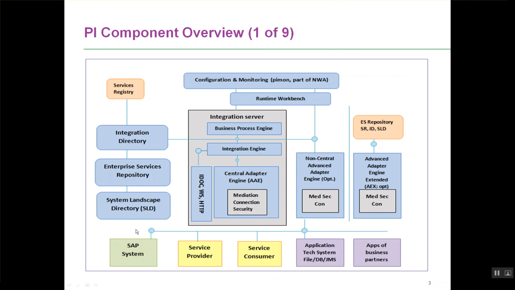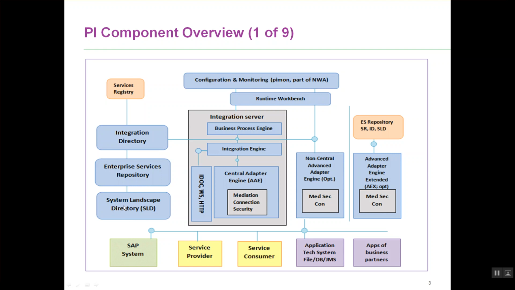Yeah. So we'll start from the bottom left and then keep moving rightwards. The first component of PI that I would like to talk about is what we call the SLD, or the System Landscape Directory. If you're from a basis background, or from a solution manager background, you would already be aware of what the System Landscape Directory, or SLD, is.